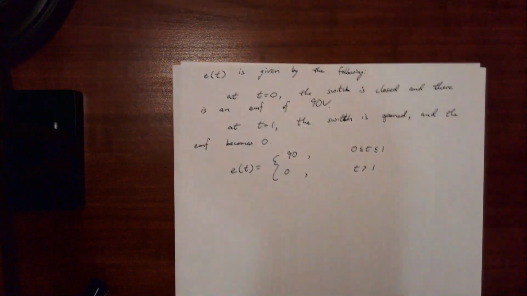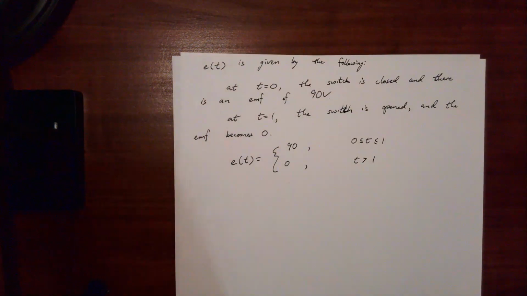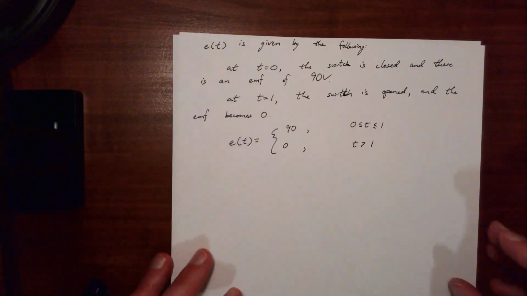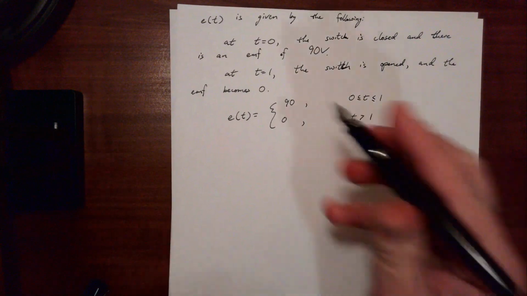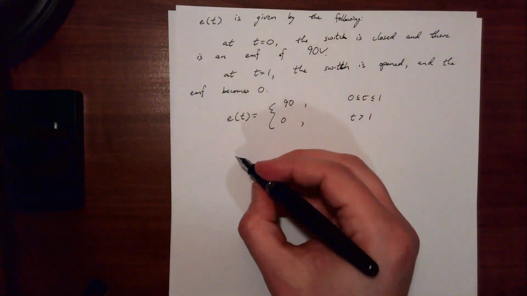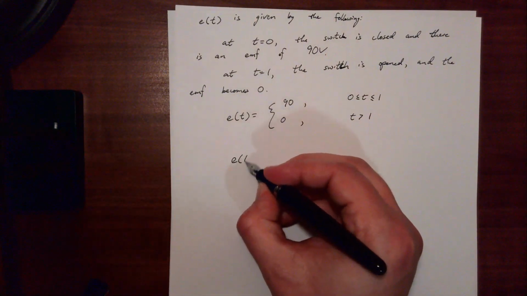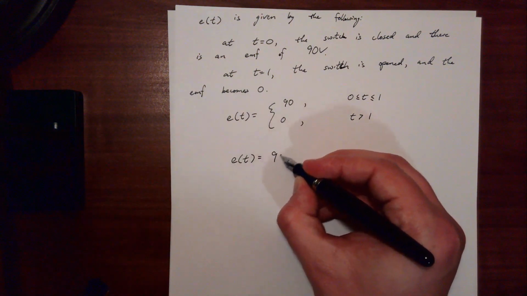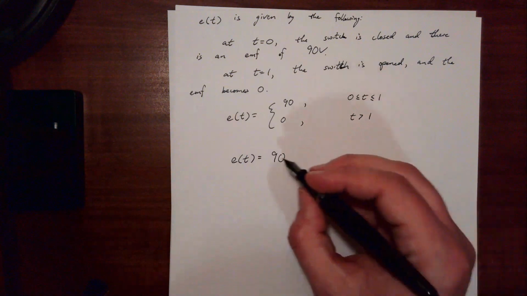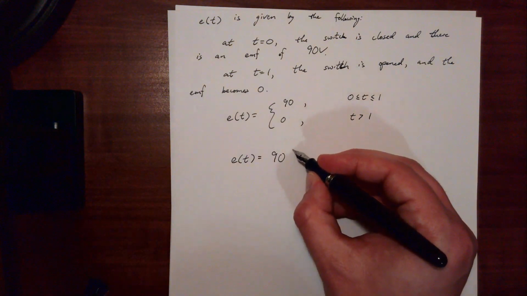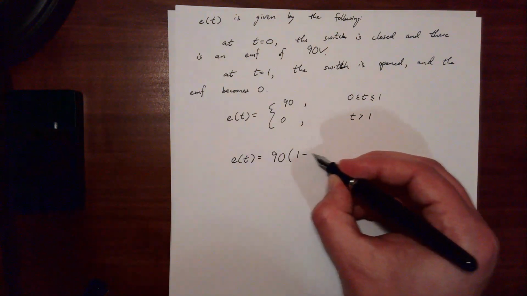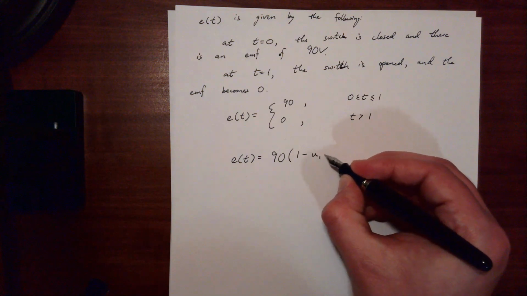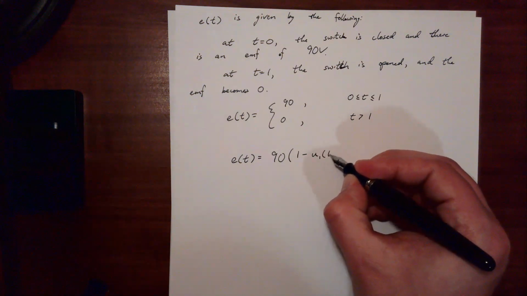All right, well, it will be useful frequently to reformulate these things in terms of the unit step function. So E of t is equal to 90 times 1 minus the unit step function u of t minus 1.